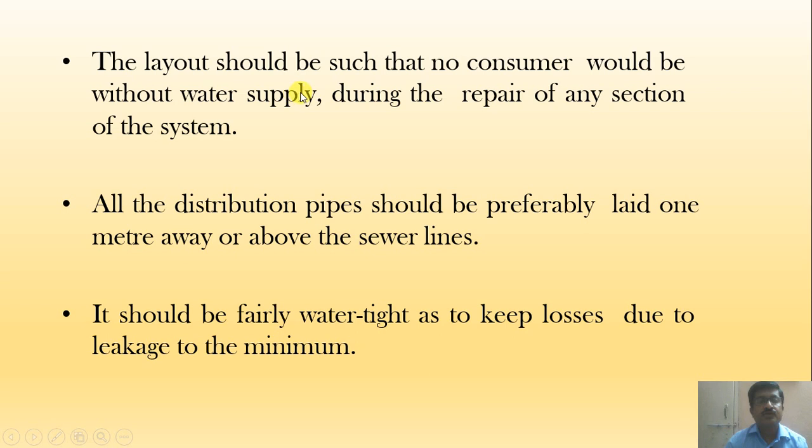The layout should be such that no consumer would be without water supply during the repair of any section of the system. All the distribution pipes should preferably be laid 1 meter away from or above the sewer lines. It should be fairly watertight so as to keep the losses due to leakage to a minimum.